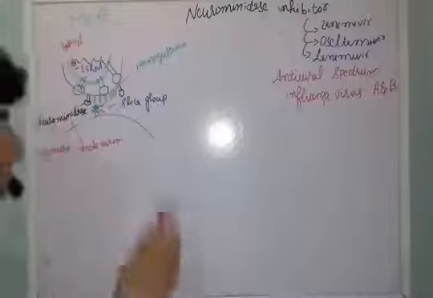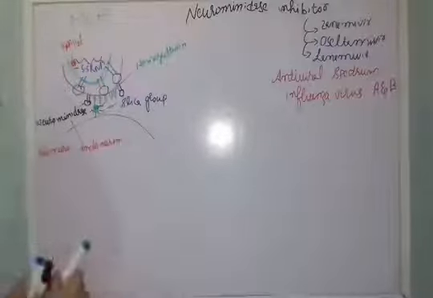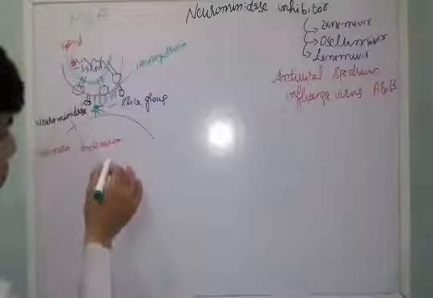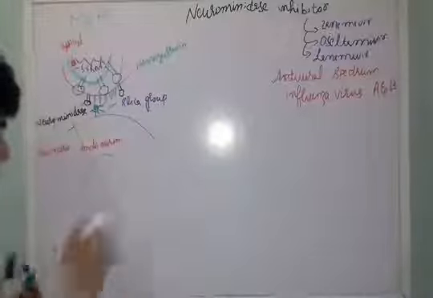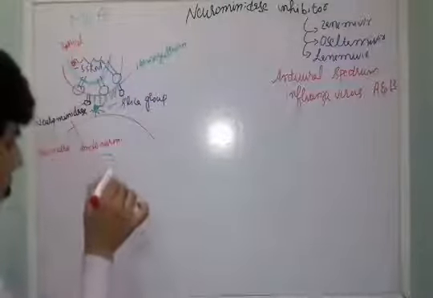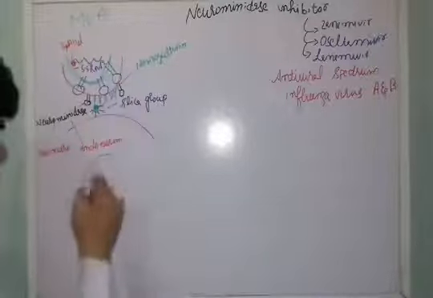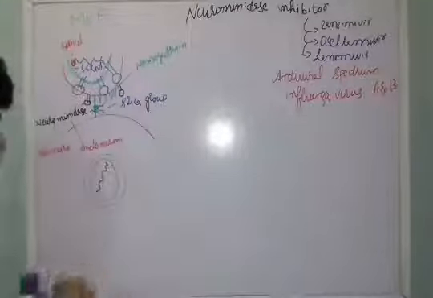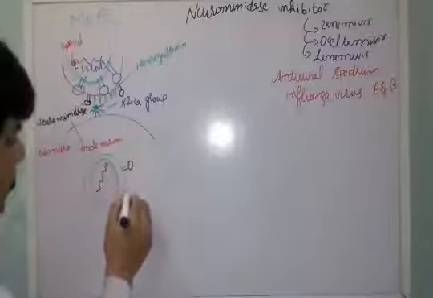Once their replication process is completed, let's suppose it is completed, what we get is this influenza virus again. So this is the capsid area. This is the envelope area, and this is the capsid area. Fine. Within the capsid they carry the negative single-stranded genome, and outside there are these neuraminidase enzymes.